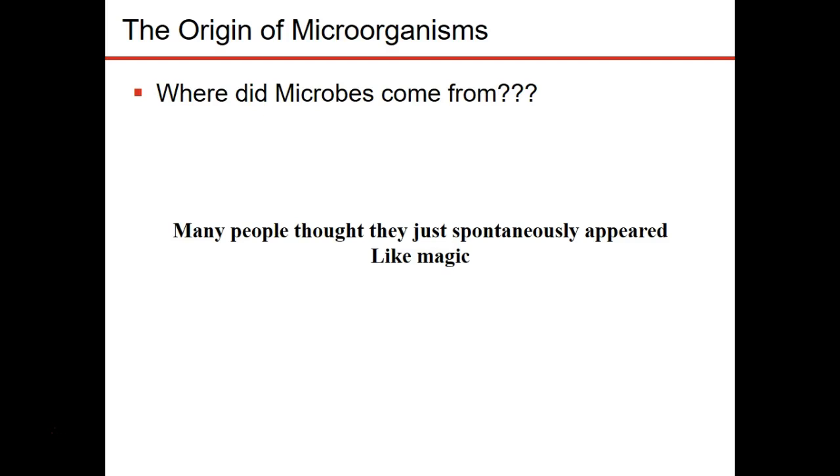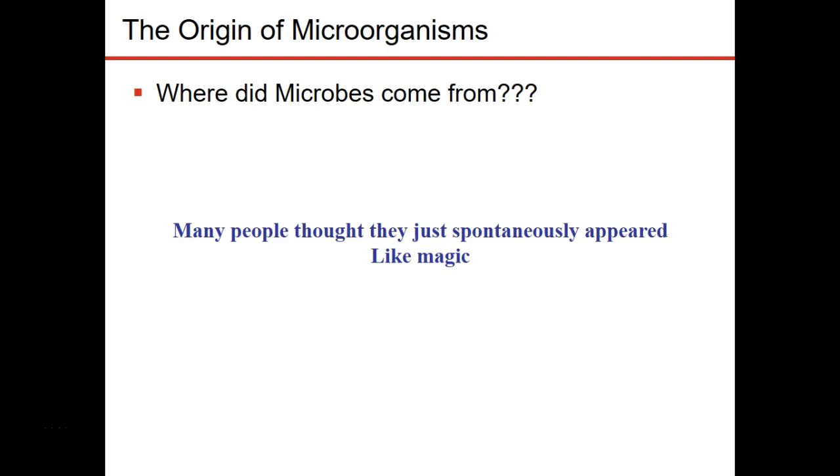So now we know that there are microbes. So the question that arises from that is, where did these microbes come from? Most people thought that microbes and all living things spontaneously appeared. They just showed up magically. We know today that life comes from life.